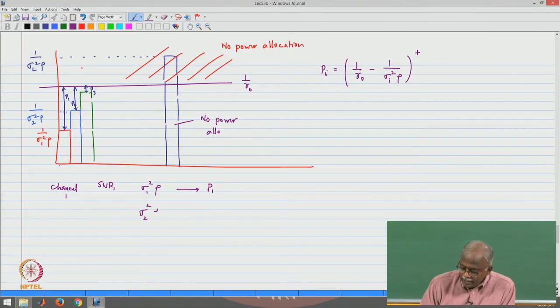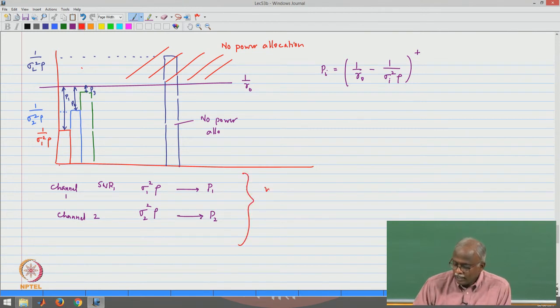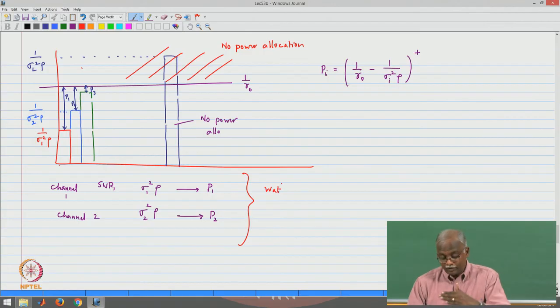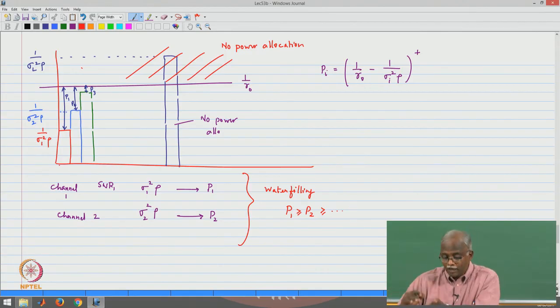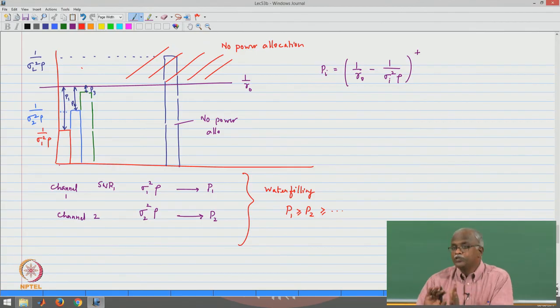Sigma 2 squared times rho, the parallel channel number 2, gets allocation P2, and notice that from the water filling, you get this for each of the channels that is satisfying the threshold. The water filling principle says that P1 will be greater than or equal to P2 greater than or equal to so on and so forth, until those channels that are falling within the threshold. Once you have crossed the threshold for power allocation, those channels do not get any power.